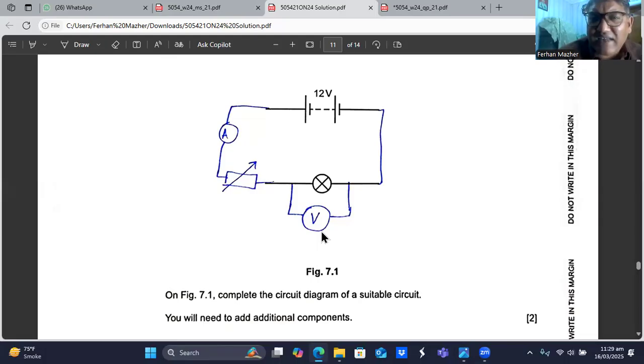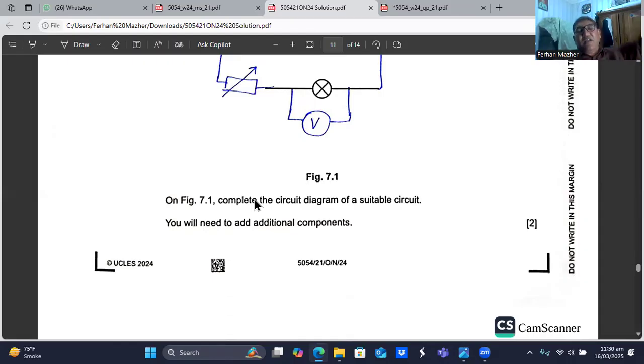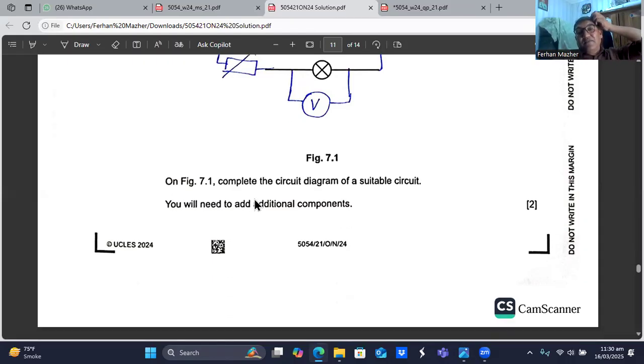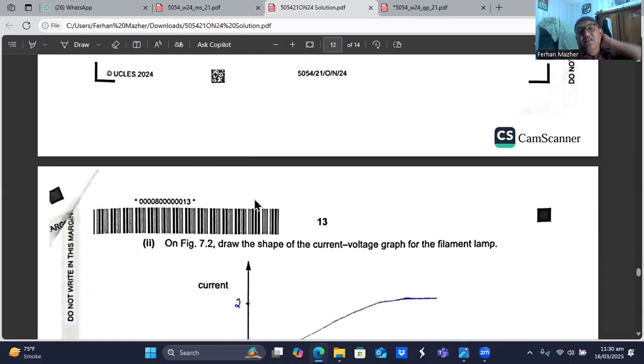We also put a variable resistor, a rheostat, here. We can change its resistance, and the readings on the voltmeter and ammeter will gradually change, so we can get different values of the voltage drop and the current through the lamp, and we can find out its resistance.